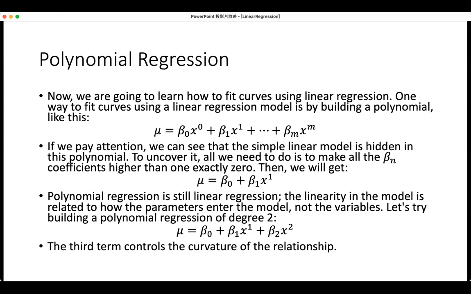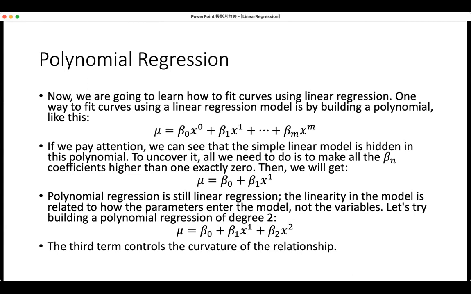Because we are treating them using a linear function. Here when I say linear function, you may disagree with me, but let's try to treat x to the power of 1 and x to the power of 2, these different orders of x, as separate variables.